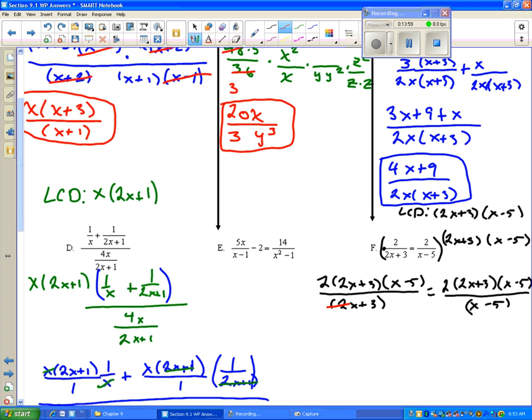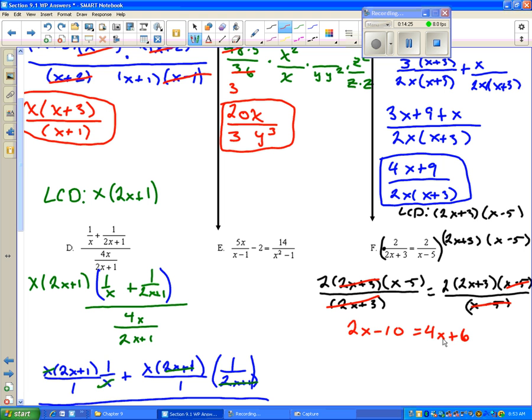Get my red marker. My 2x plus 3's cancel. My x minus 5's cancel. Distribute through here. 2 times x is 2x. 2 times minus 5 is minus 10, equals 2 times 2x is 4x. 2 times 3 is 6.